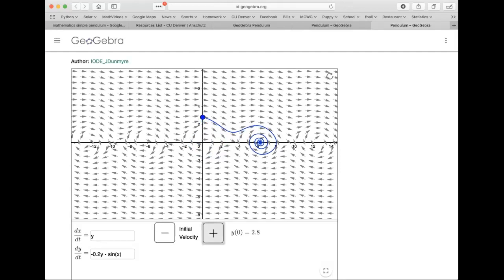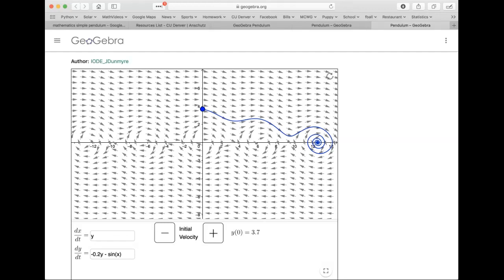And we can keep giving it more and more velocity, and you can see at some point, you can push it so hard that it goes all the way around once, all the way around twice, and then settles back down at its equilibrium at 4 pi. So as we suspected, all of these equilibria at 0, at 2 pi, at 4 pi are stable equilibria.